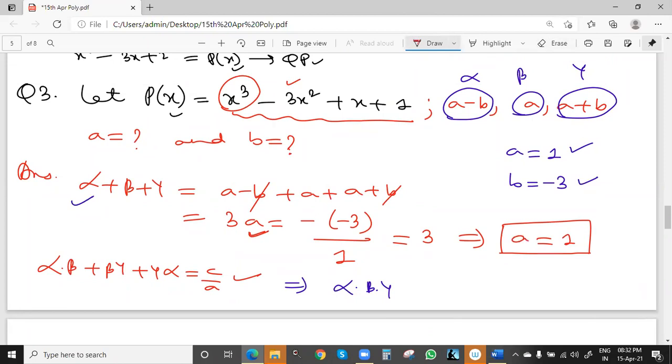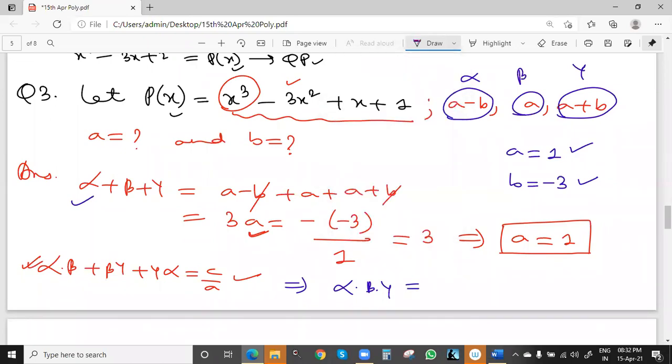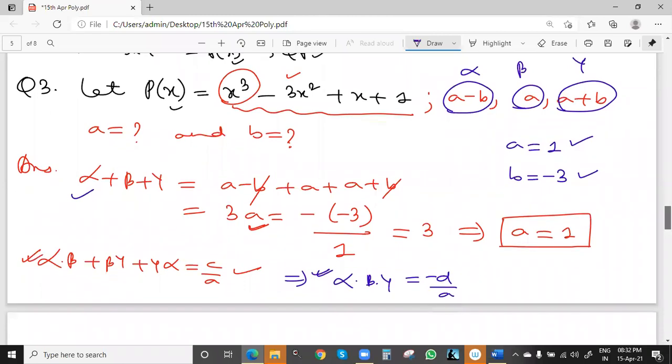For finding b value, we can use this one, alpha beta plus beta gamma plus gamma alpha, or we can use this one also, alpha beta gamma equal to minus d by a. But which one is easier? We can take this one, because this is very easy to solve and will save us time. So let me show you.